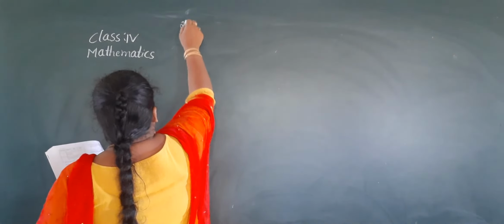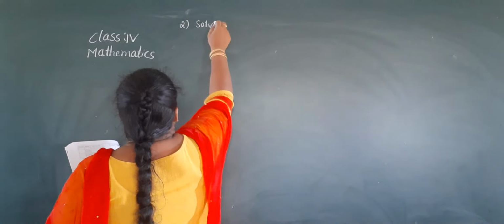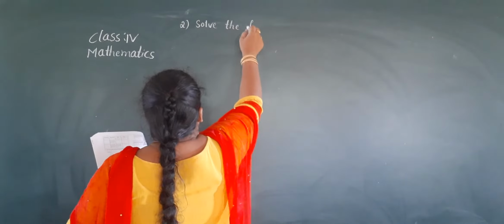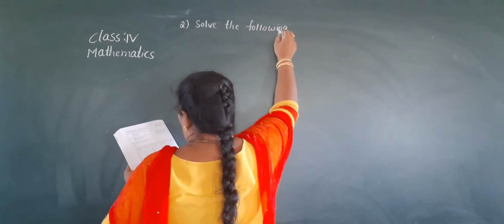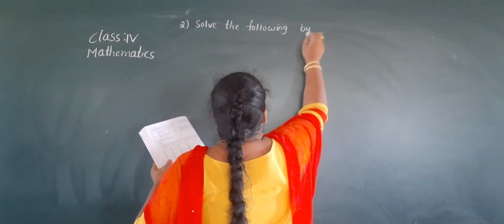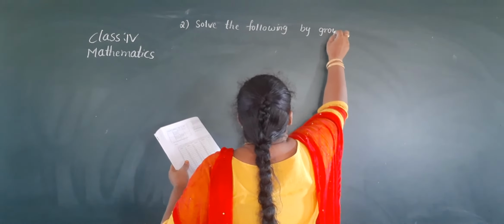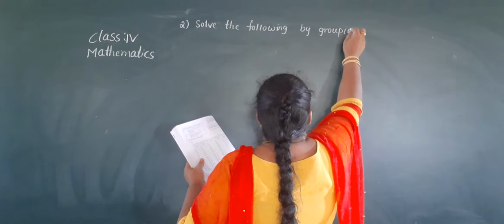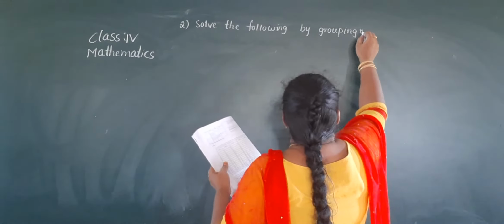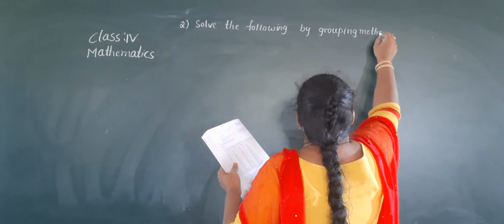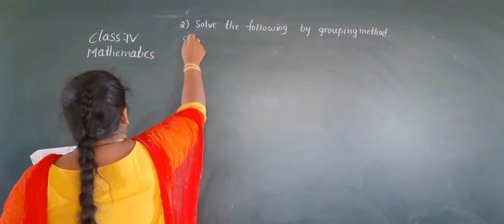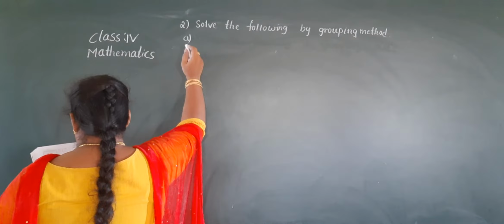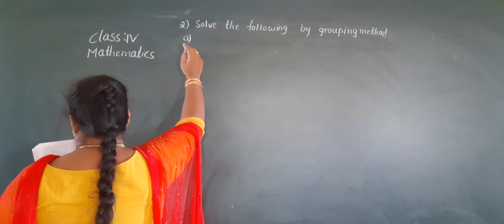Solve the following by grouping method. First one, I will explain here, also 2 sums. You do the remaining sums as homework.